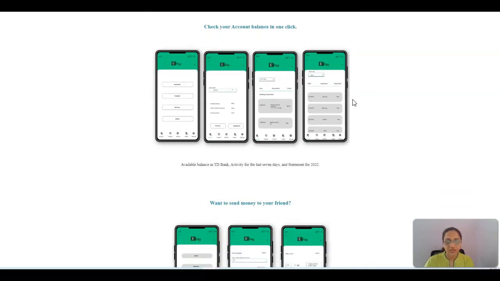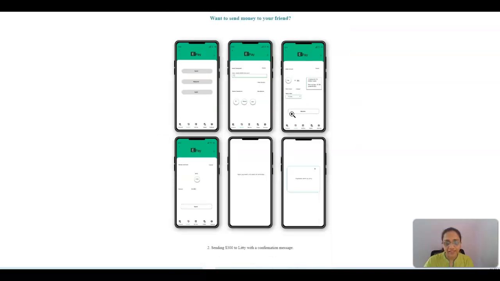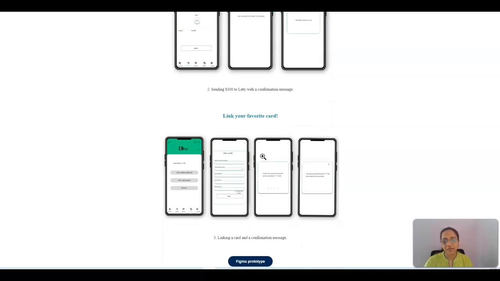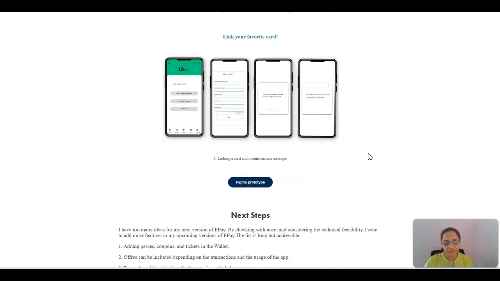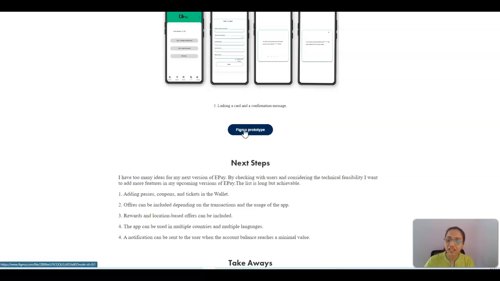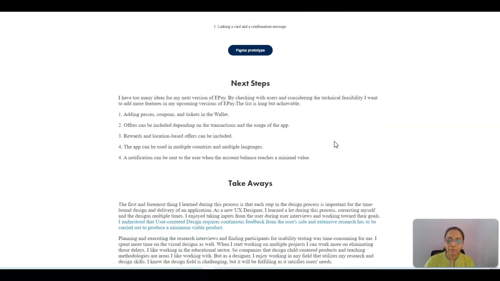So these are the screens for checking the account balance and sending money to your friend, and this one is the linking card. If you would like to see my prototype and how its functionalities work, please have a look at the Figma prototype.